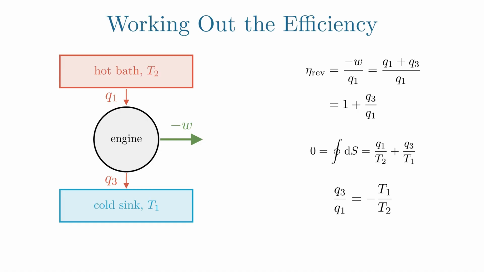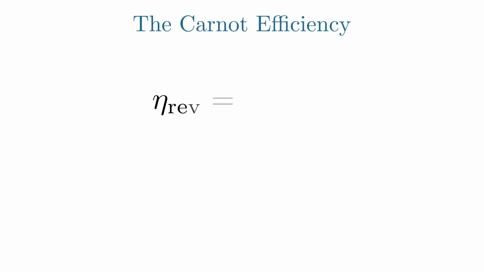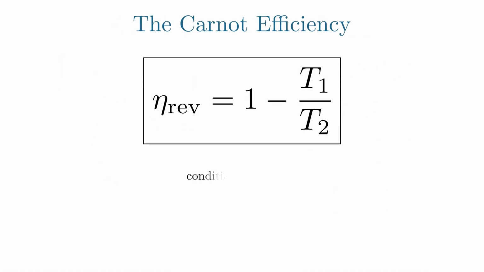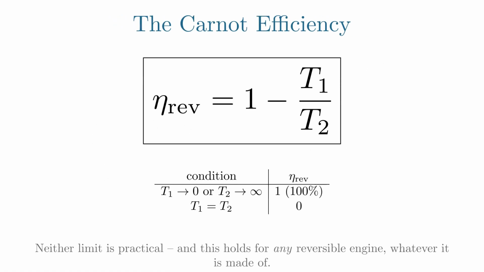Then from the cycle we have 0 equals the integral around this Carnot cycle of dS, equals Q1 over T2 plus Q3 over T1. A slight rearrangement gives Q3 over Q1 equals minus T1 over T2. Thus the efficiency of this Carnot heat engine is eta equals 1 minus T1 over T2.